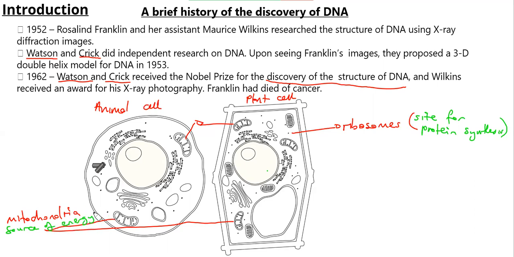Once you see mitochondria, you must think of it as a source of energy. Then in today's lecture, we need to know that it is a site for your DNA. So some of your DNA you find in the mitochondria. So I'm putting ticks where you find your DNA.